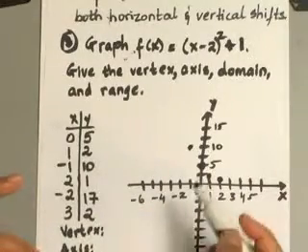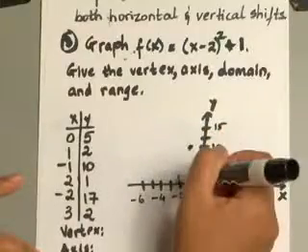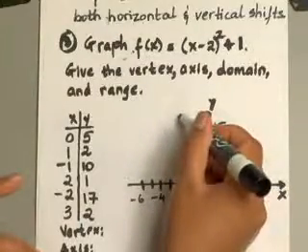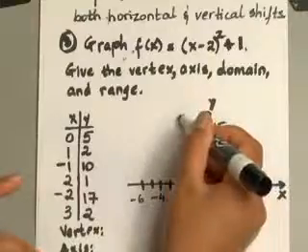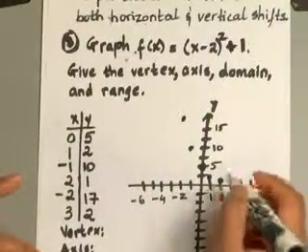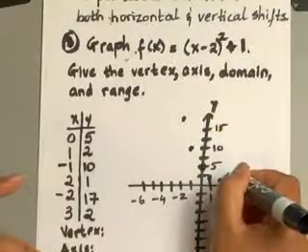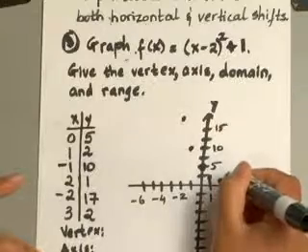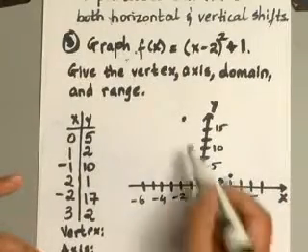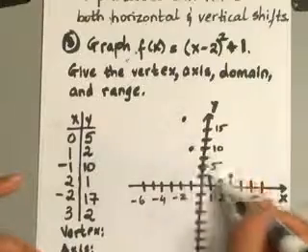Negative 2 is at 17, so it's going to be somewhere about here, I believe. Okay, and then 3 is at 2. Okay, so it looks like we have a partial curve here.